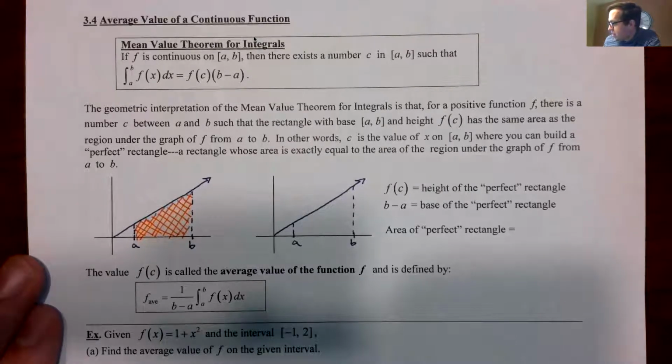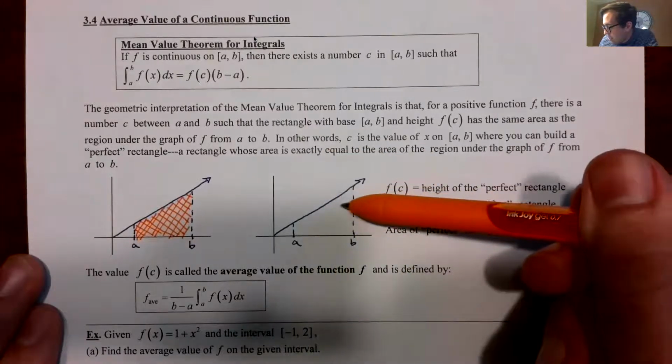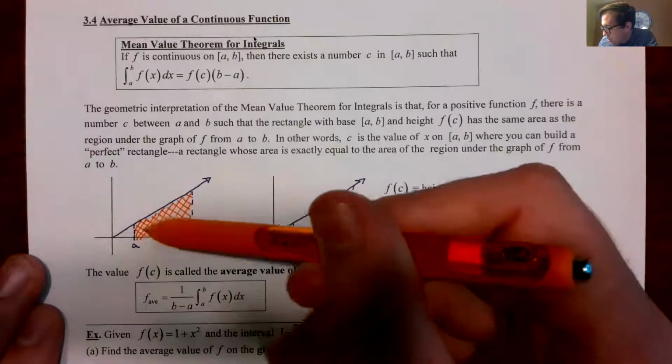So the idea here is, what if we took that area and, instead of making the shape that fits under this curve, we forced it to fit into a rectangle? Our rectangle is still going to have a width from a to b, but the height is going to be whatever the height needs to be so that this whole area fits.